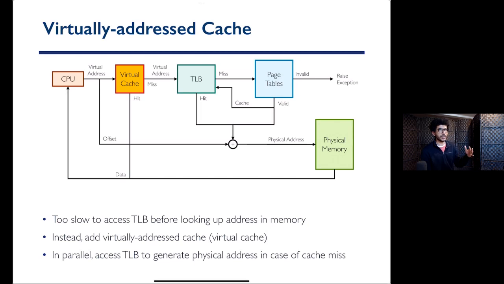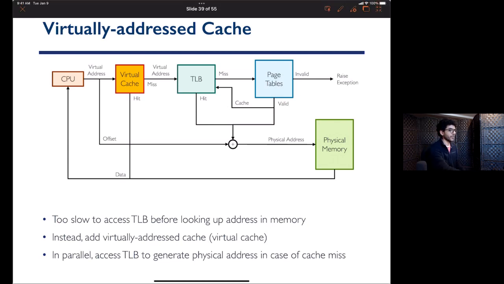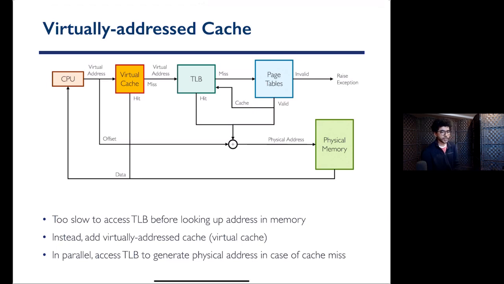When we started this lecture on caches, we talked about this idea of first level cache, second level cache, and last level cache. They're addressed using physical address. So when we're tagging, for example, in our cache, we're going to use the physical address of the block.